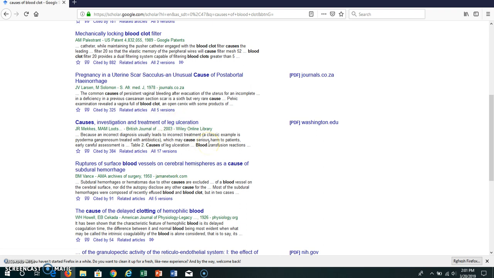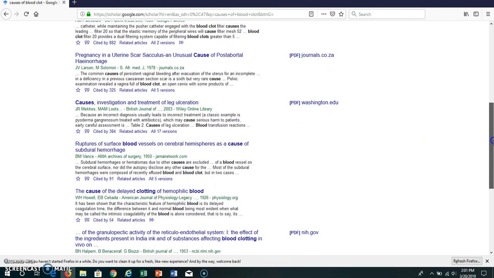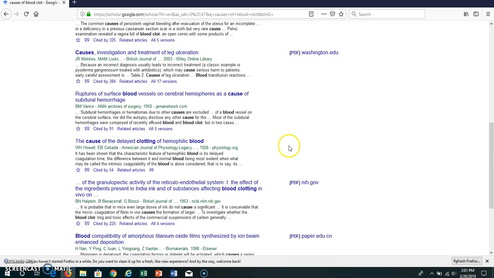So we don't know what leg ulceration means, so I'm going to skip that. This one says the cause of the delayed clotting of hemophilic blood. Alright, let's click on this and see if it is valuable to our paper.